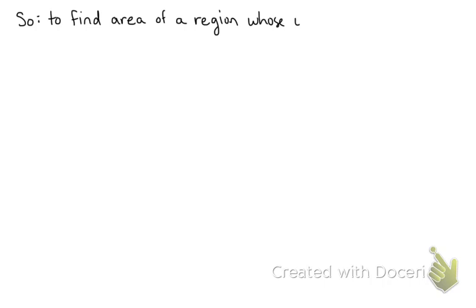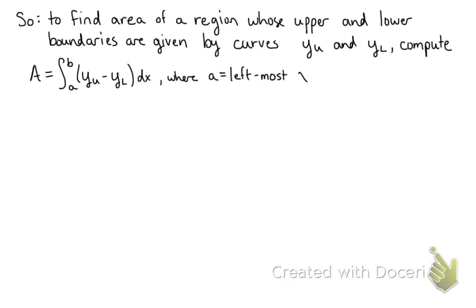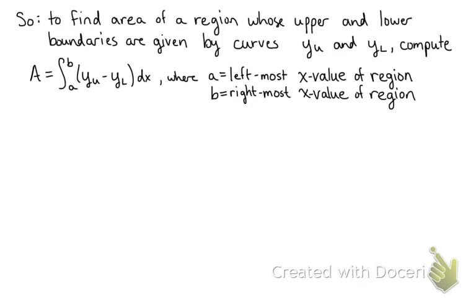Okay, let's just write that again. So we have upper y and lower y curves. To find the area between them, we compute this integral. And a is the leftmost x value in the region, and b is the right-hand x value in the region. So that a to b is the interval that includes the region.